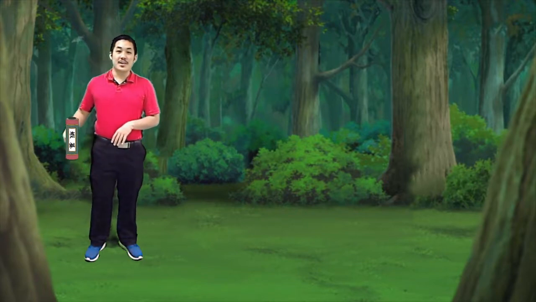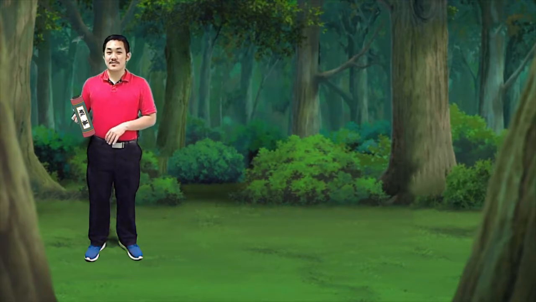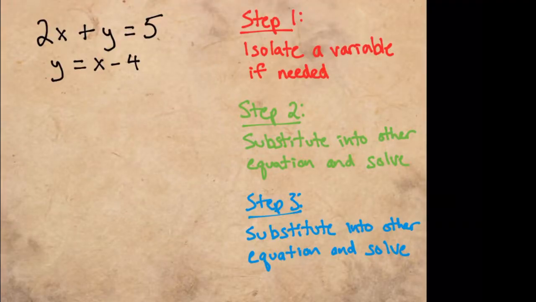Here's the scroll. Let's look into the secret technique of how to substitute. All right, so this is what our scroll says. We've got a problem: 2x plus y equals 5, and y equals x minus 4. To substitute, the first step is to isolate one of the variables if needed.